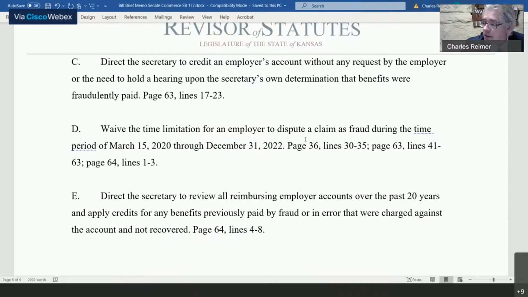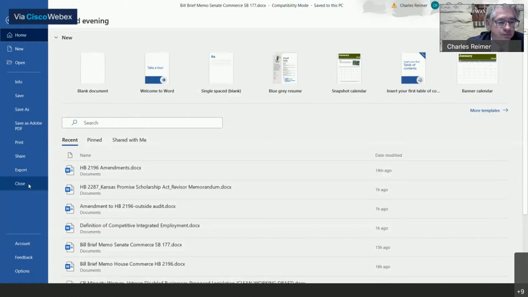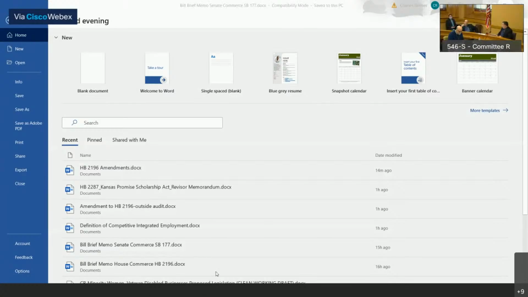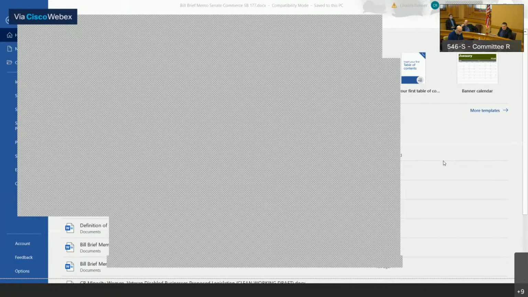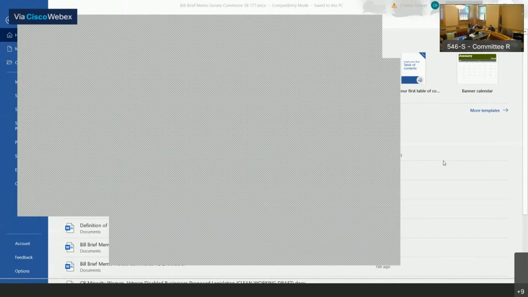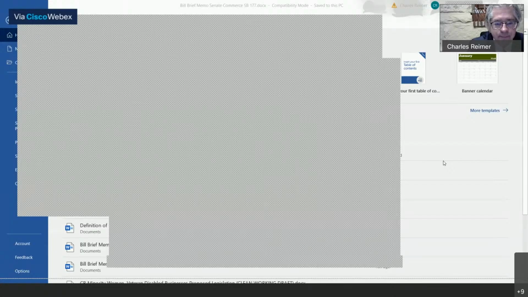Hey Chuck, can we get whatever you're reading off of there from the revisers? Can you send that to us? Certainly, I can do that. Yeah, I will send it to Michael. Either way, that's fine. You can go ahead. I don't have that. Is that not showing on the screen? It's showing on the screen, but it's just easier to have it in front of us.